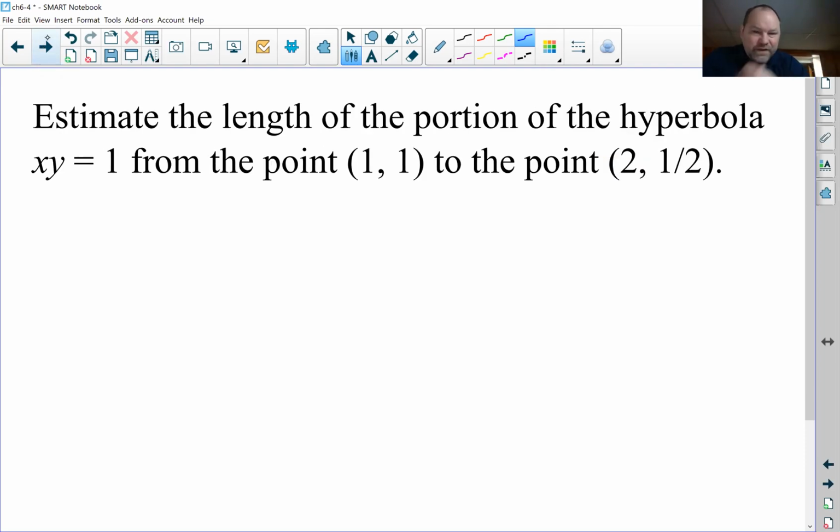So estimate the length of the portion of the hyperbola x times y equals 1 from the point (1, 1) to the point (2, 1/2).